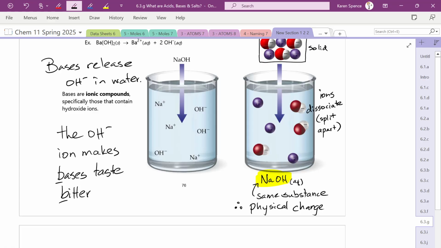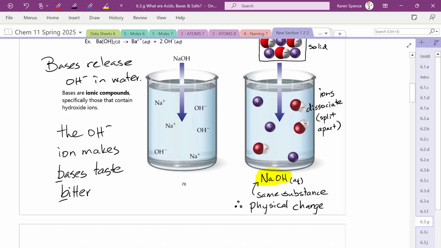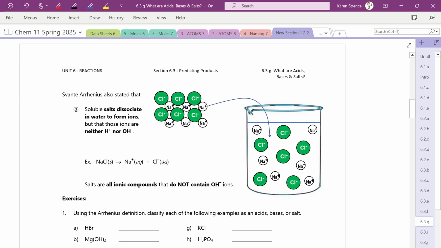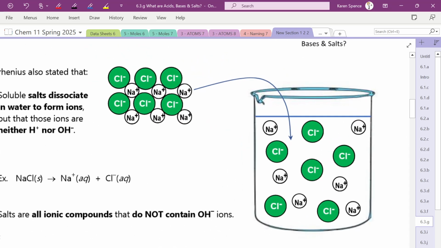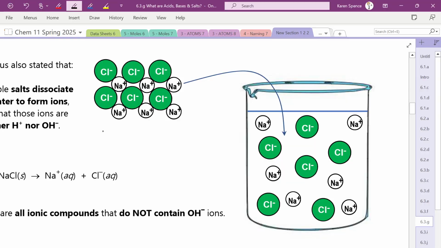And then, lastly but not leastly, we also have salts. So here is our salt, and a salt is just an ionic compound. The only thing is that it can't contain OH, because if it contained OH, it would be a base, okay?